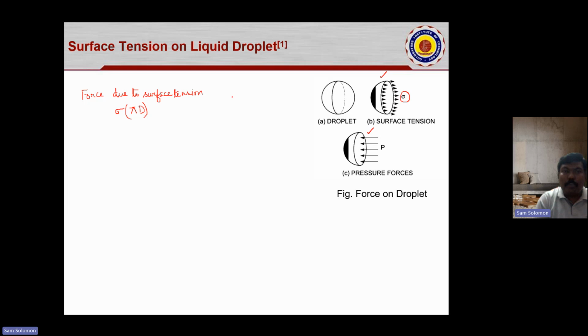your pressure force. So the force due to the surface tension is going to be equal to, I can say, either the pressure force or the intensity of pressure that is acting inside the droplet.